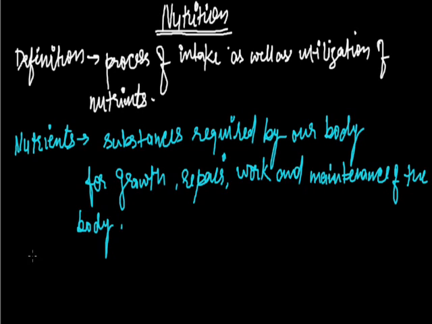Now, there are different types of nutrients. These are carbohydrates, fats, proteins, vitamins and minerals.